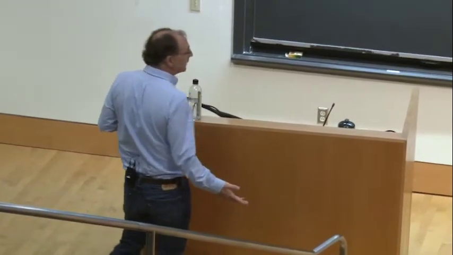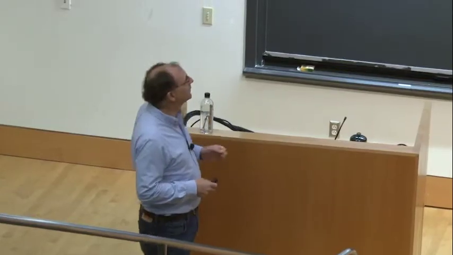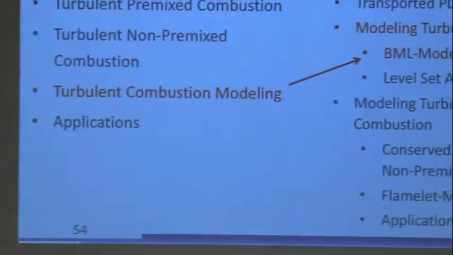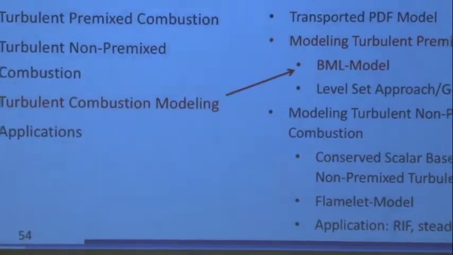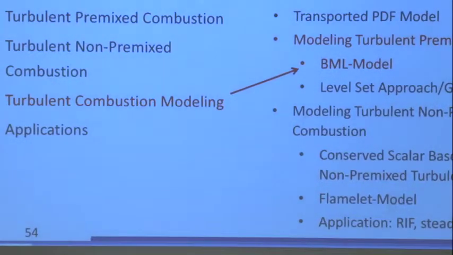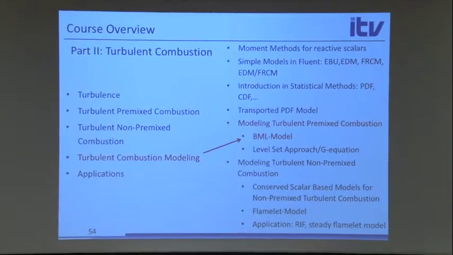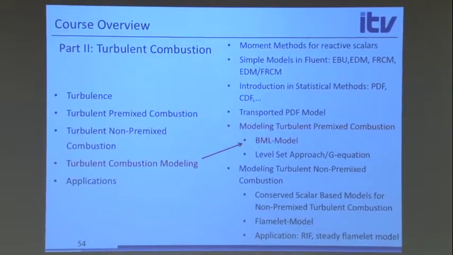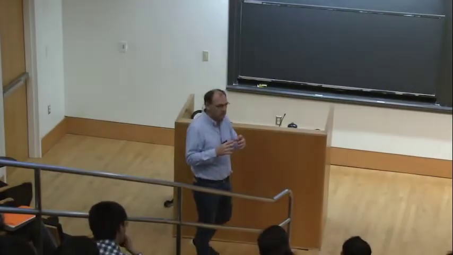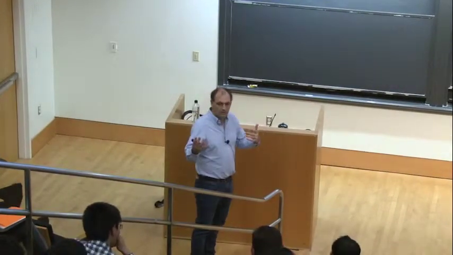Which also means if there's something like partially premix combustion, I need to worry about that also. What we have done in the past is we have developed models for just premix combustion, and models for just non-premix combustion. And then we have spent a lot of time trying to integrate these together so that we can do anything from premix to non-premix.